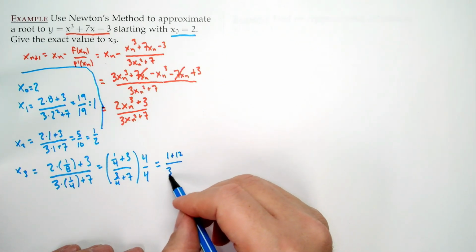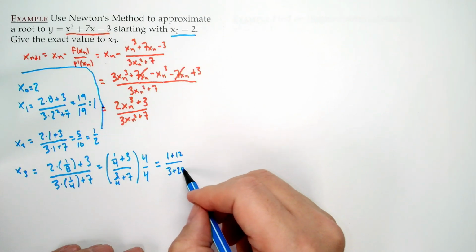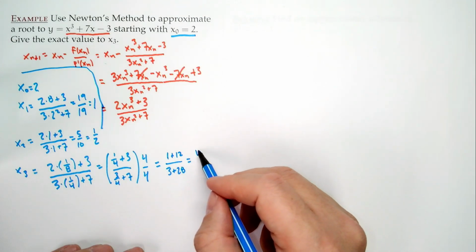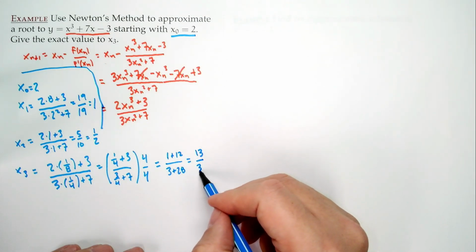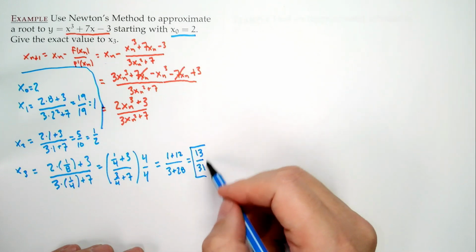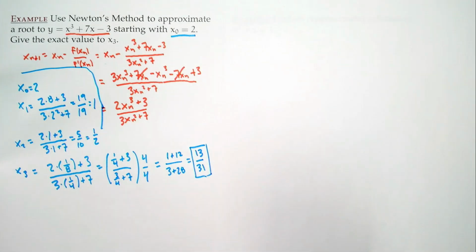Downstairs, you'll have 3 plus 28, giving us 13 divided by 31. And that is the exact value for x3. And we're done. Okay, well that's not so bad. These problems are fun. You got to be careful, do the process, work it out. But once you get the process down, no big surprises. Good.